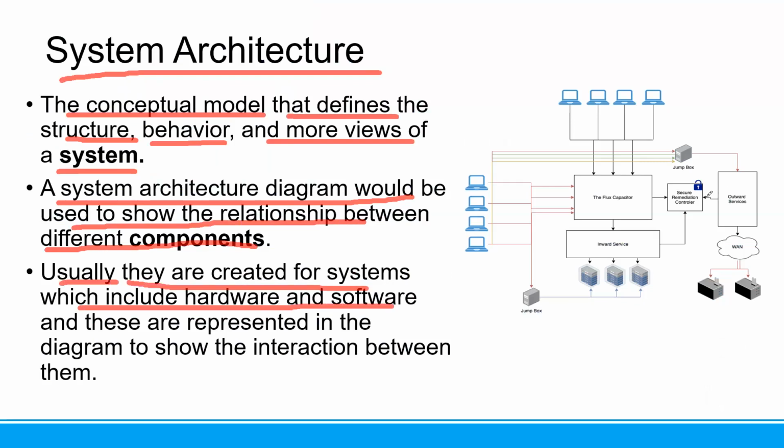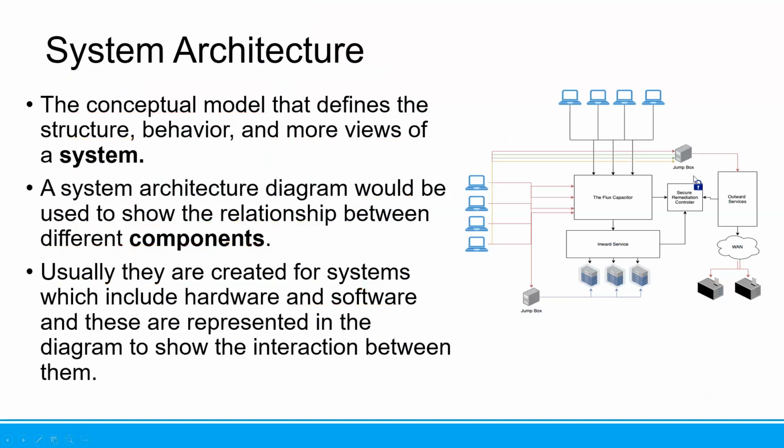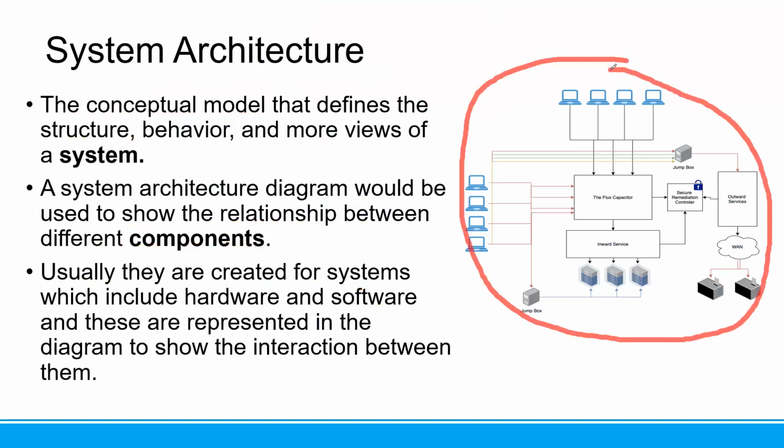So if you see this figure, it is a kind of system architecture. We want to show the connection from one device, or from one mainframe to a personal computer or to a personal laptop.